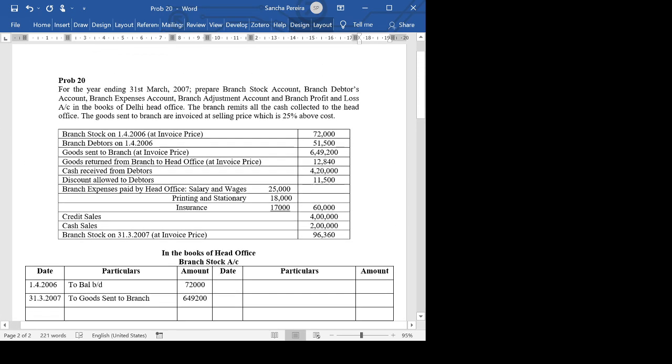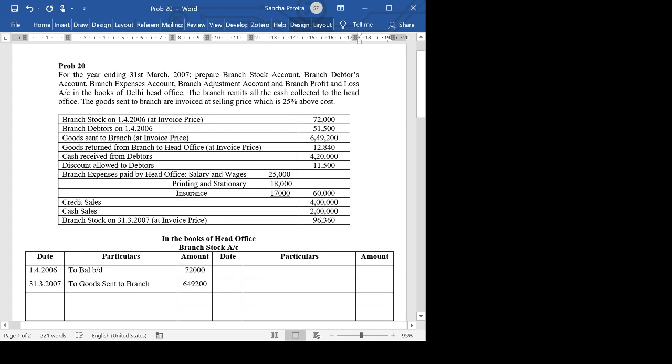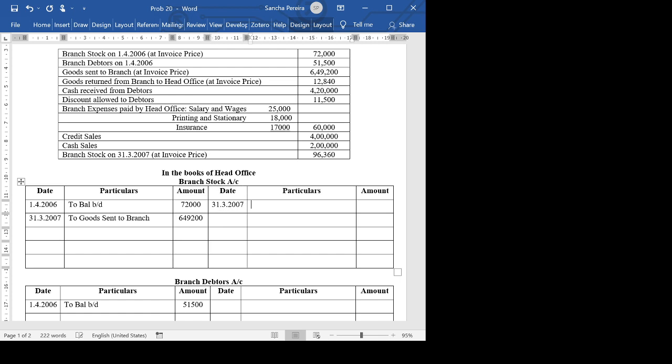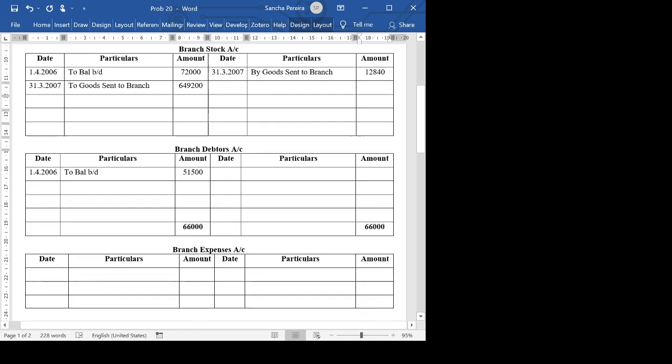Then we have goods returned from branch to head office. This is on the other side now. 31st March 2007, by goods sent to branch account. This is when the branch is returning goods to the head office. This is 12,840. And again, we need to calculate loading on this.